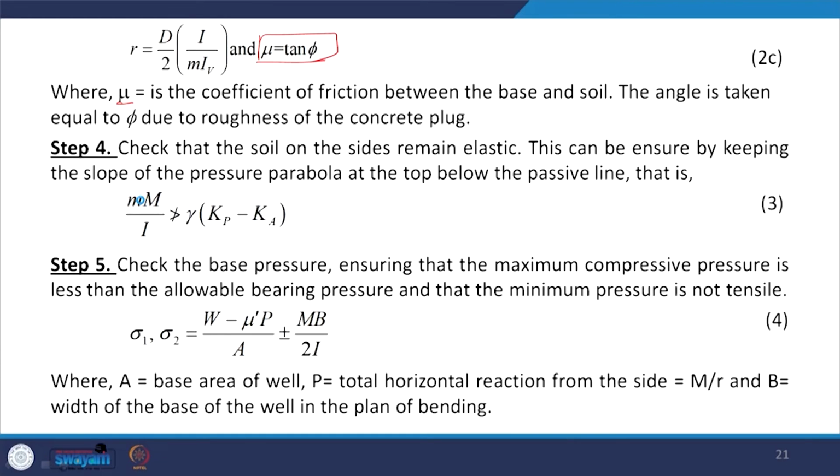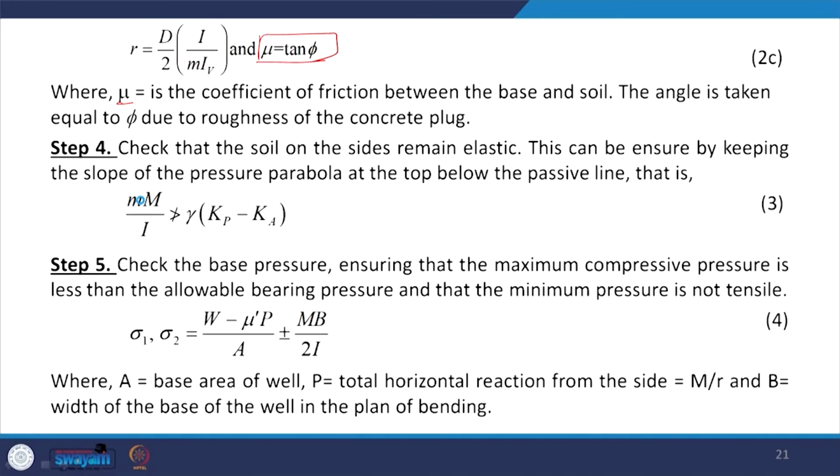If equation third is satisfied, then we go ahead and check the base pressure, ensuring that the maximum compressive pressure is less than the allowable bearing pressure and the minimum pressure is not tensile. So, you calculate the stresses from equation 4, sigma 1 and sigma 2. When you use the plus sign, you get sigma 1, and when you use the minus sign you get sigma 2.